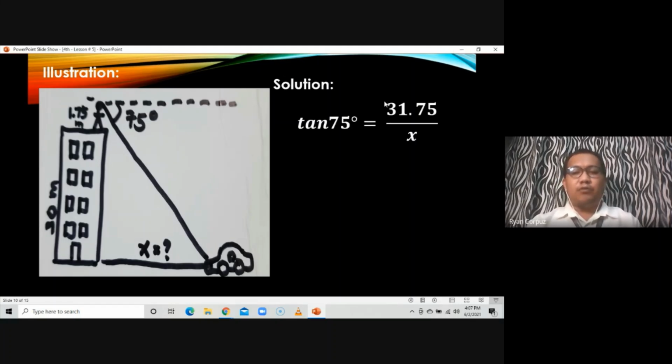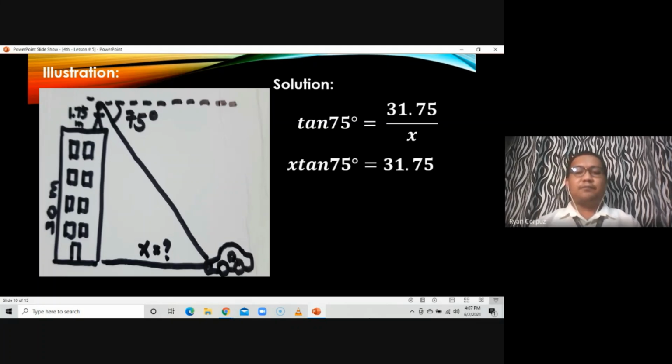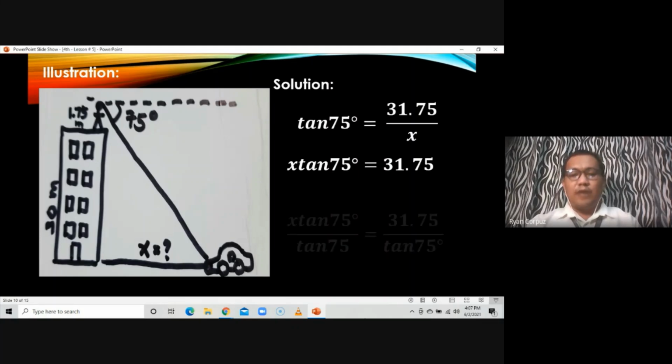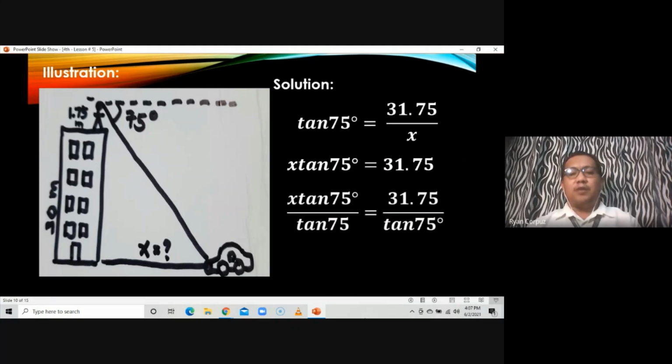Then it will be equal to 31.75 times 1. We'll have 31.75. That's why this will be the result. We have x tangent 75 degrees equal to 31.75. Then since x is what we are looking for, we still have to remove tangent 75 degrees here. We can do that by dividing both sides of the equation by tangent 75 degrees.